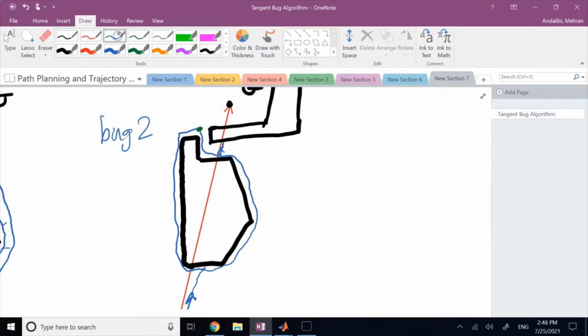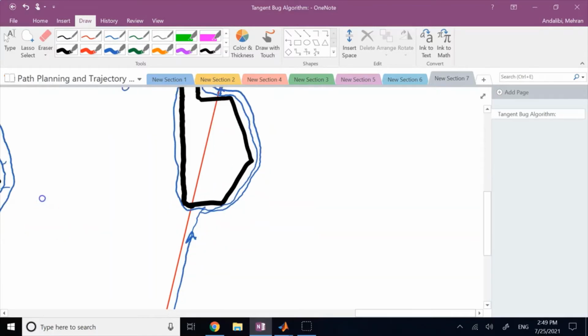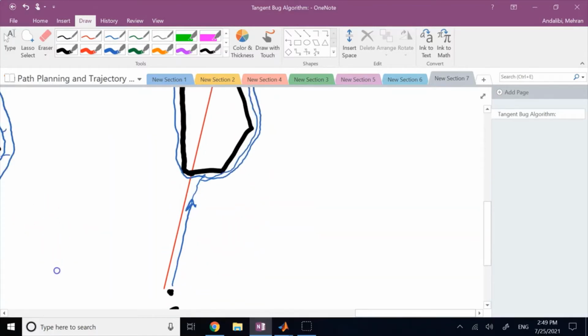So what would you do? You go one more round, and this time when you reach that location, you stop, and then you go from there to the goal, right? So this is the whole distance you travel, twice or 1.5 times around this obstacle plus this initial distance, right?